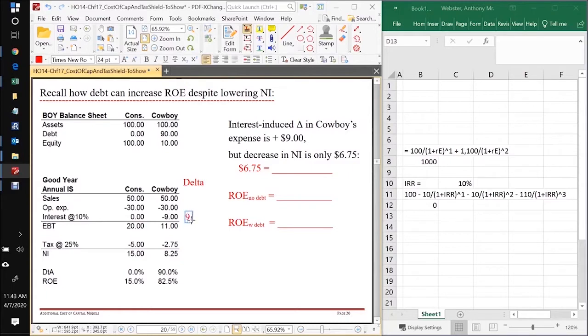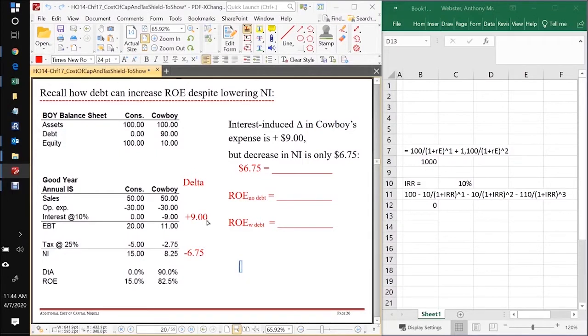So here we have 9.0 increase in expense for the levered version of this company, which was the Cowboys, versus the unlevered version of the company. But because of this tax shield effect, the hit to net income is only 6.75. So the expenses went up by 9, but net income only went down by 6.75.